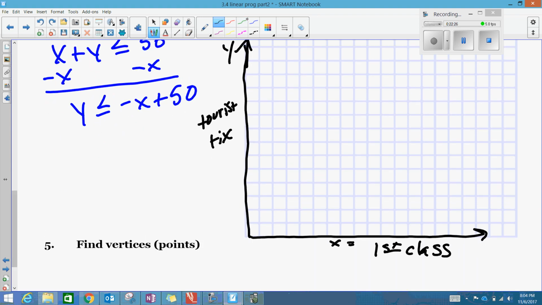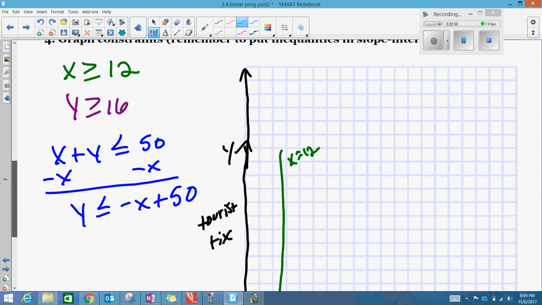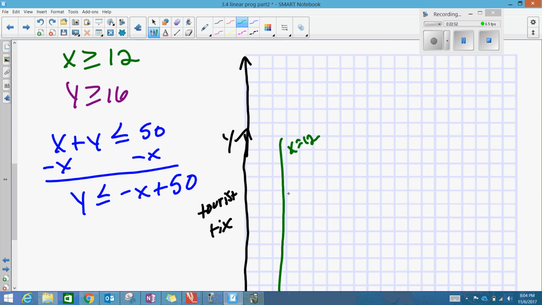We count by 5s: 5, 10, and somewhere after the 10 is going to be 12. I apologize, I can't draw well on here. We're going to go up 12. So this is X equals 12, and it has to be greater than or equal to 12, because we have to sell at least 12 tickets, so we're going to go this way.